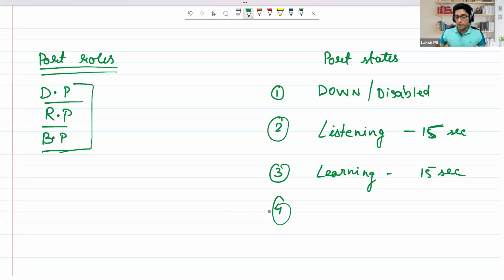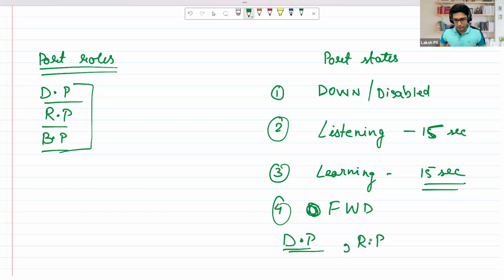If that switch itself is elected as a root switch, then all the interfaces of that root switch, after these 30 seconds have passed, will move into the forwarding state, and in the forwarding state they would take the designated port role. If it is a non-root switch, that interface may go to a root port role as well.